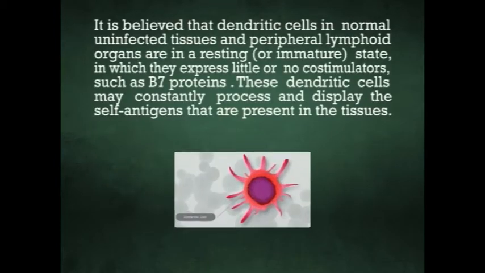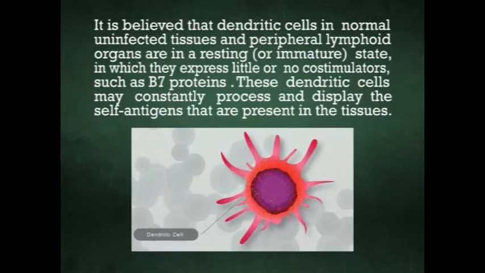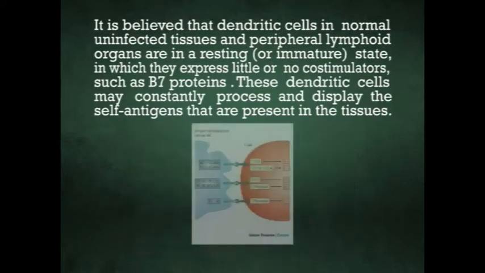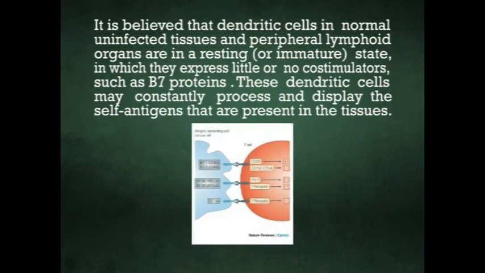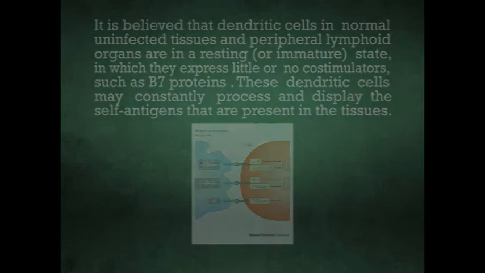It is believed that dendritic cells in normal uninfected tissues and peripheral lymphoid organs are in a resting or immature state, in which they express little or no co-stimulators such as B7 proteins. These dendritic cells may constantly process and display the self-antigens that are present in the tissues.